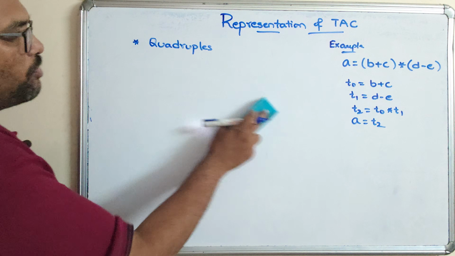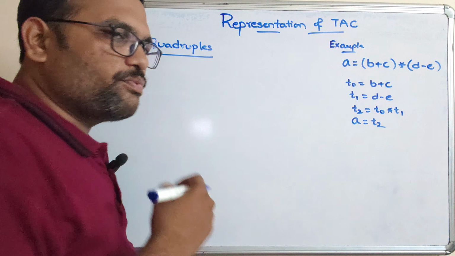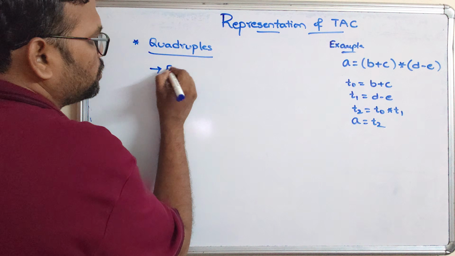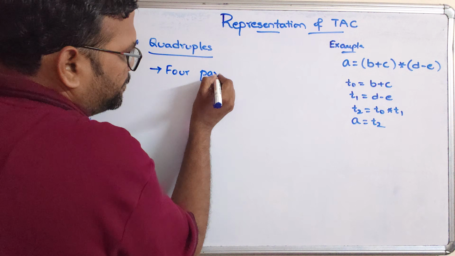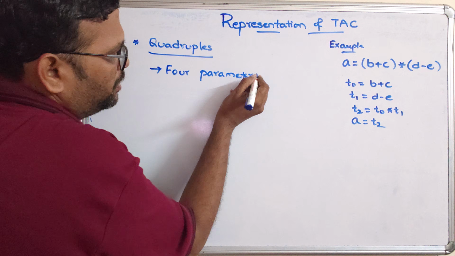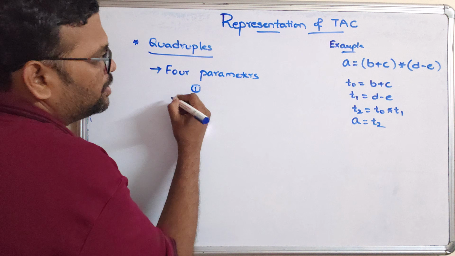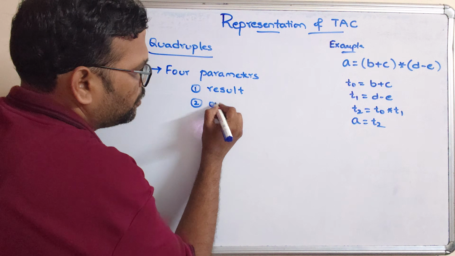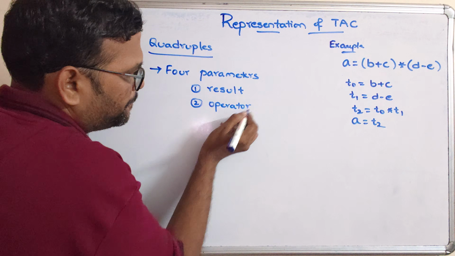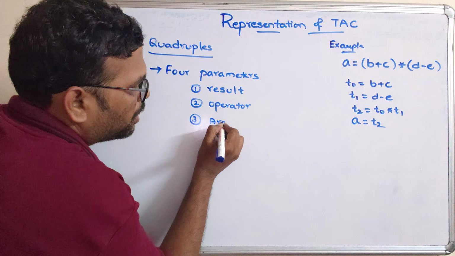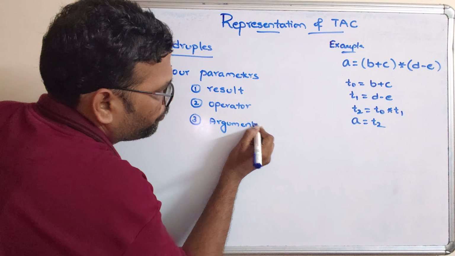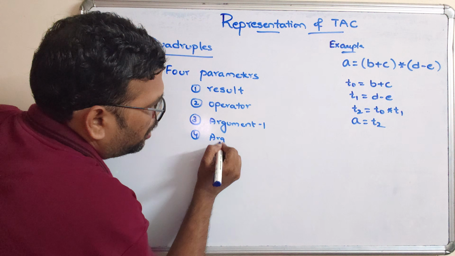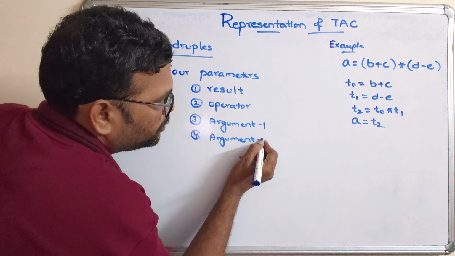First let us start with quadruples. The name itself indicates that quadruples means four parameters. So here it will use four parameters: the first one is result, operator, argument 1, and argument 2.